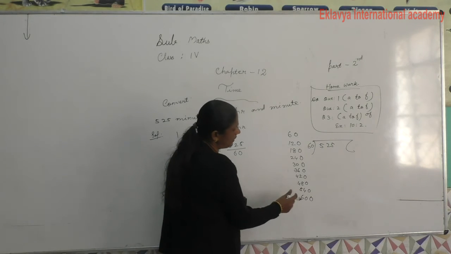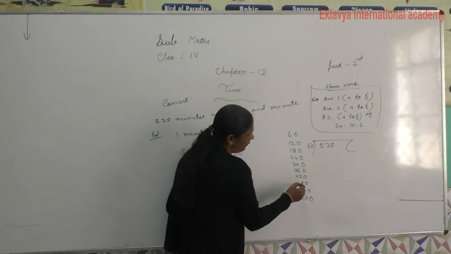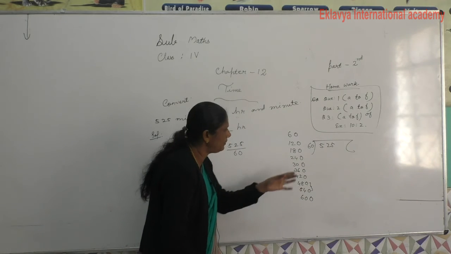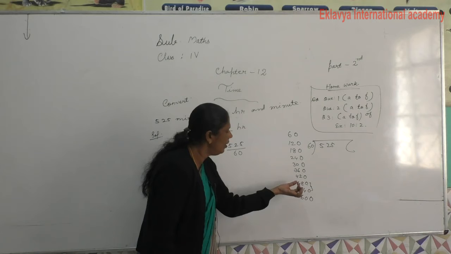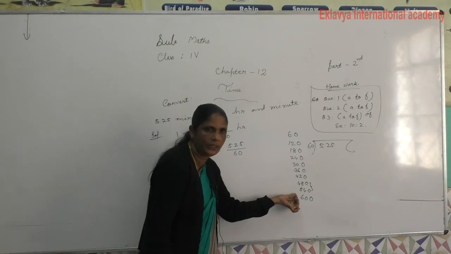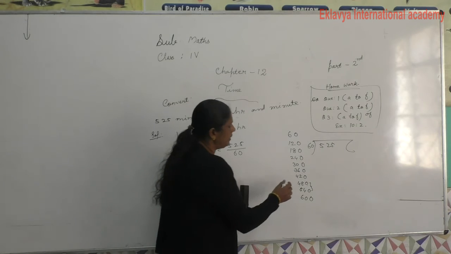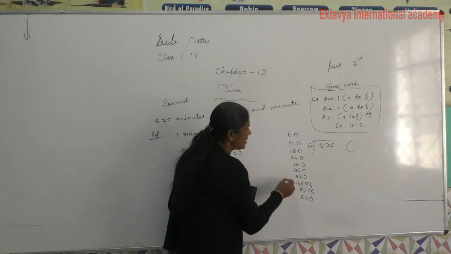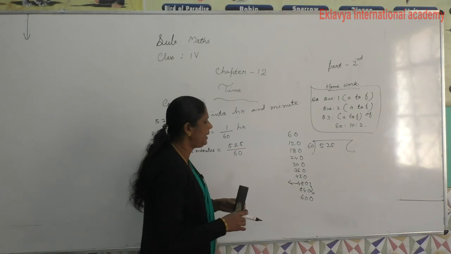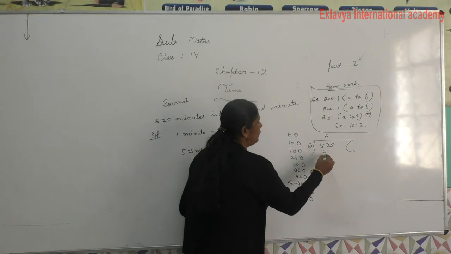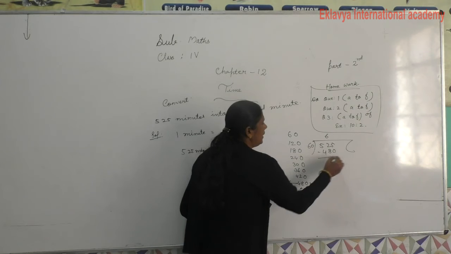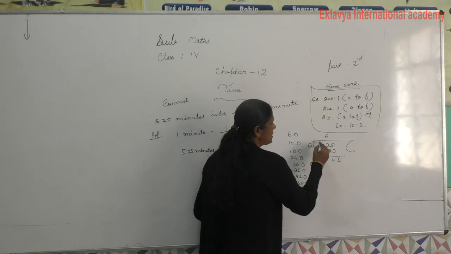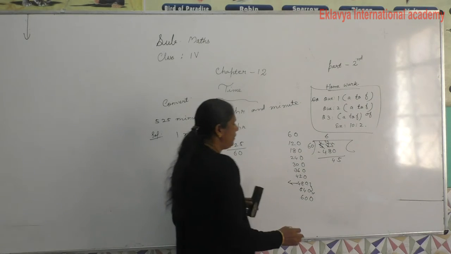Look here: 525 comes in between 480 and 540. So we take the smaller number, 480, which is 8 times, 8 sixes are 48, then 0. Then subtract: 525 minus 480 leaves 45.